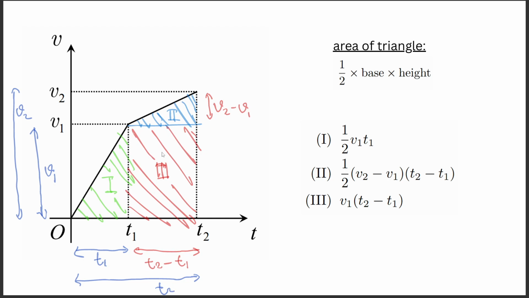So the base of area 2 is t2 minus t1, and the height is the same way, v2 minus v1. So we can write the area of area 2 as a half times the base, that is t2 minus t1, times the height v2 minus v1.